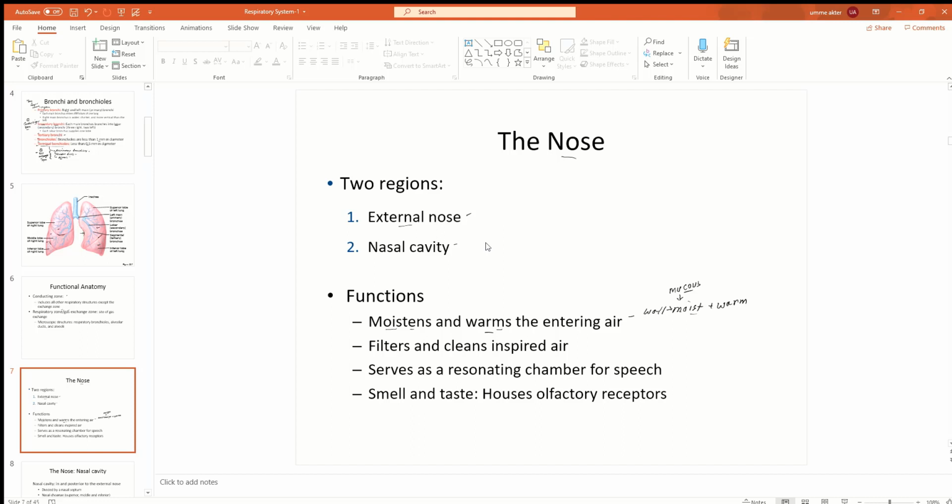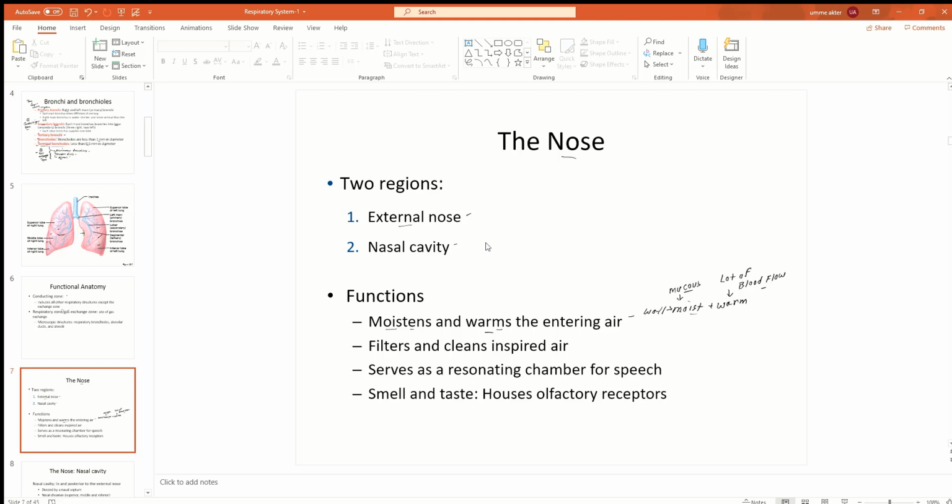And why is the wall of the nasal cavity warm? Because in the wall of the nasal cavity you have a lot of blood flow, blood circulation, and all of you know already that blood is slightly warmer than the body, right?